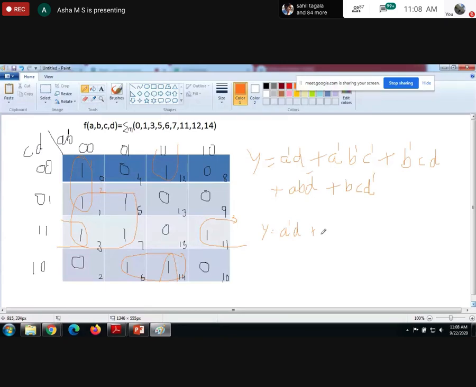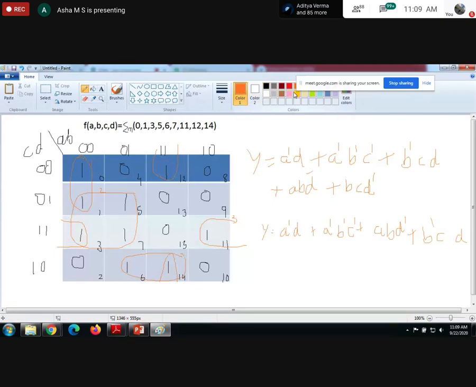Next, second term also same. Last one, A B D bar. This is also correct. Then A C D. B bar C D. This is also correct.